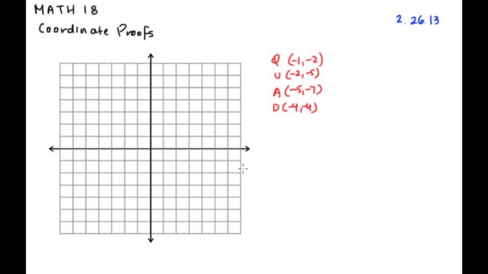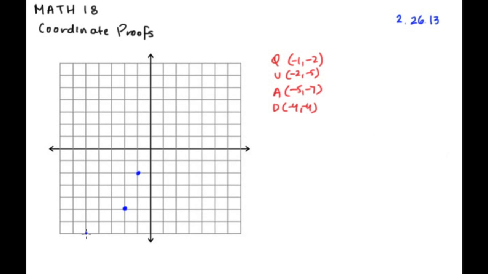This should be interesting. So let's graph these in blue. This is Q. I think this is U. 1, 2, 3, 4, 5. 1, 2, 3, 4, 5, 6, 7.